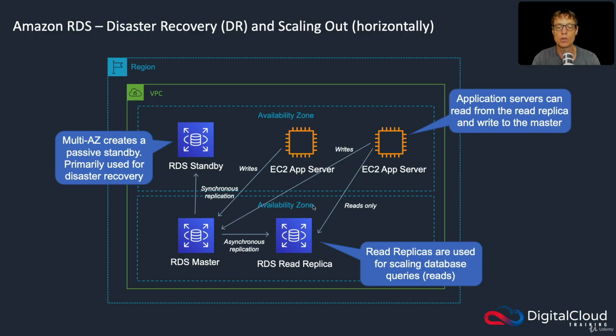It will be useful to you if you're going to use RDS. Read replicas are all about offloading read performance from the master. And then multi-AZ is for disaster recovery, so that if your master fails, you can fail over to your standby. So that's it for a quick overview of RDS. And in the next lesson, we're going to go into the management console and we're going to launch some RDS instances.